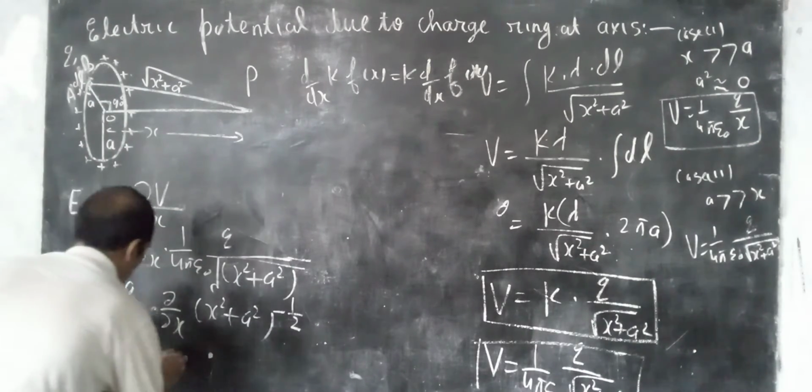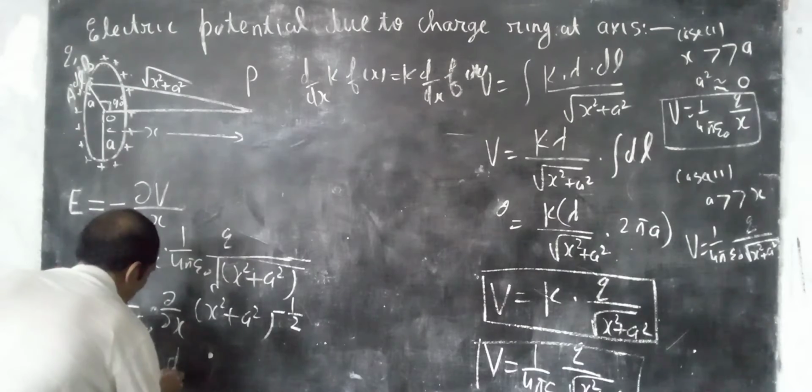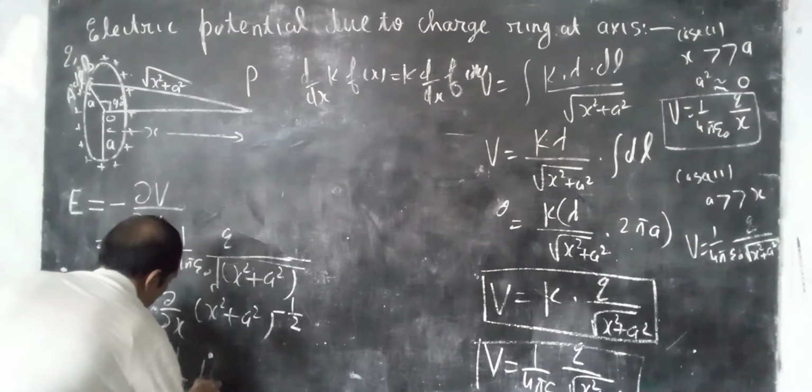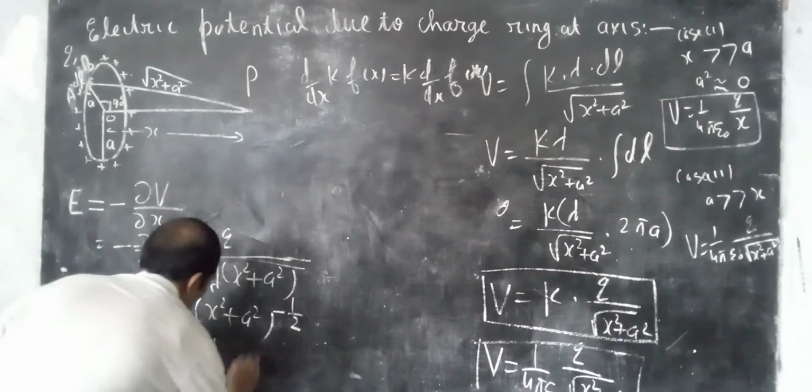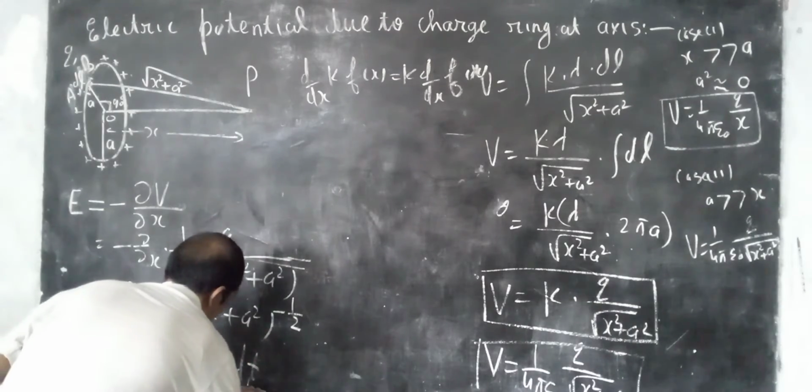ठीक है, और d by dt of t raised to power half, फिर dt by dx.